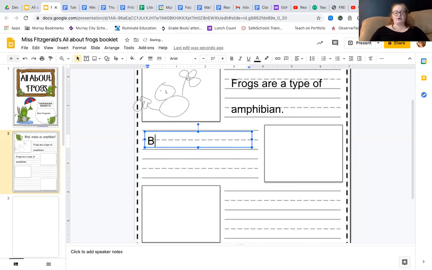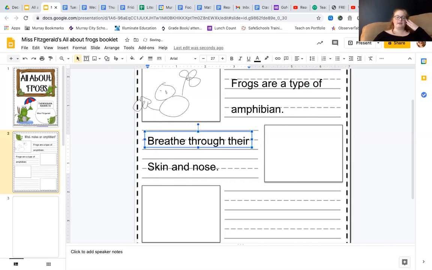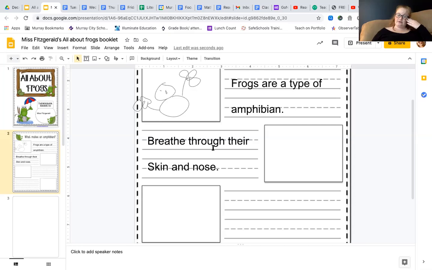So, you ready? Breathe through their skin and nose, period. So I learned from the video that amphibians breathe through their skin and nose.